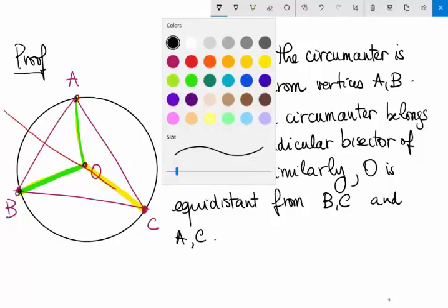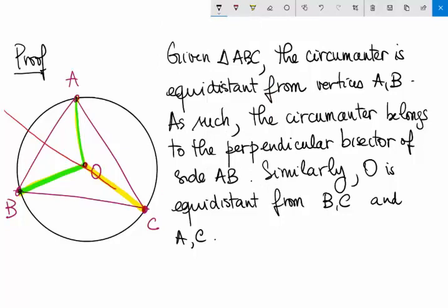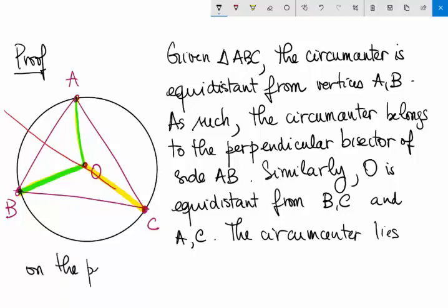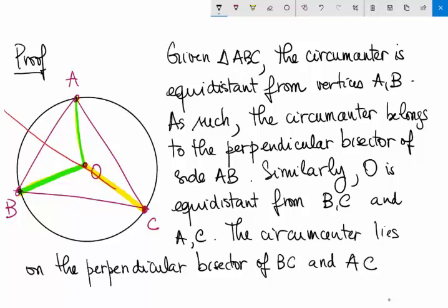So a similar reasoning tells us that the circumcenter lies on the perpendicular bisector of BC and AC, which is exactly what we need. So we are done.